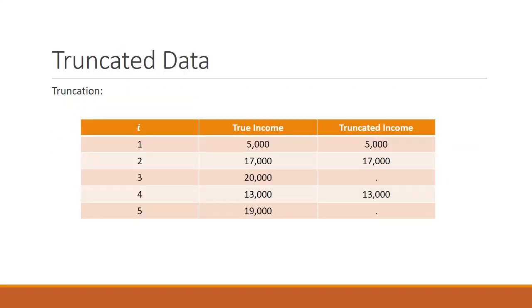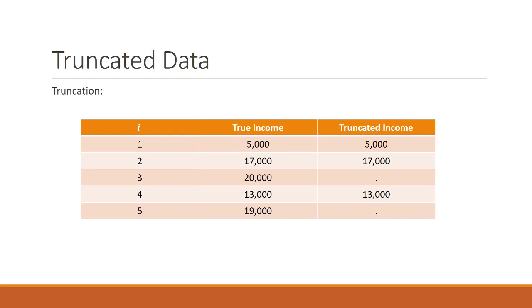What do I mean by that? Let me show an example here. Just like in the last lecture where we covered censoring, everyone has a true income. But we don't observe the true income, we observe the truncated income if we have a truncated dependent variable. What that means is that we observe the true income, so long as that income is not above some cutoff threshold.